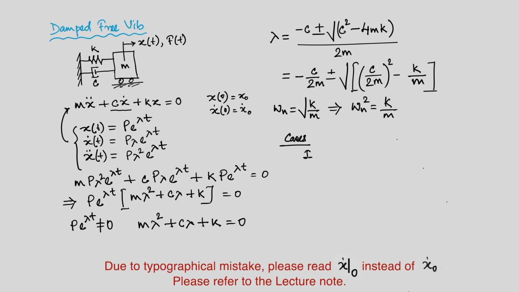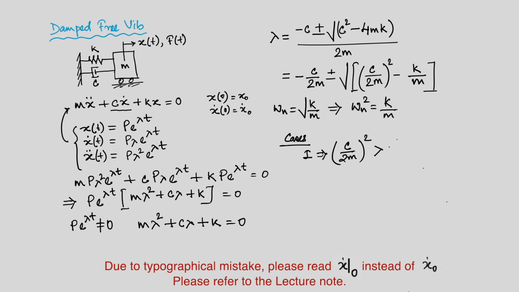First case, c by twice m whole square is greater than k by m. In this case, we can actually replace this k by m as omega n square.